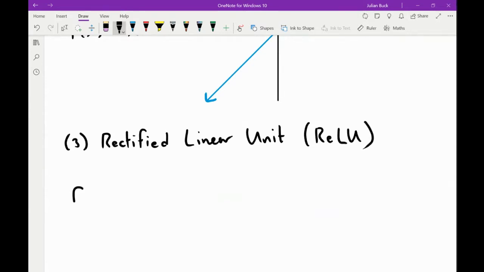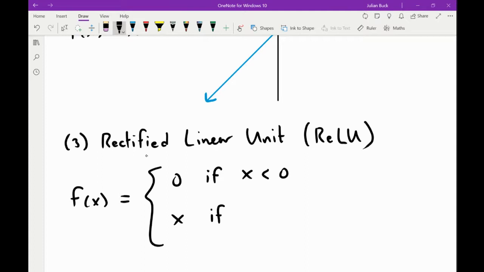ReLU is defined as follows. f of x equals 0 if x is less than 0, and x if x is greater than or equal to 0.